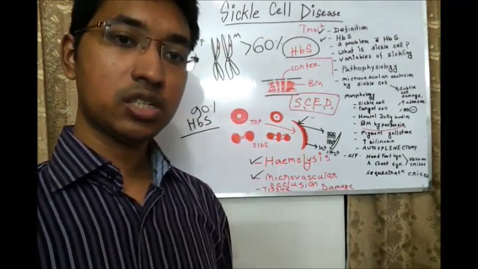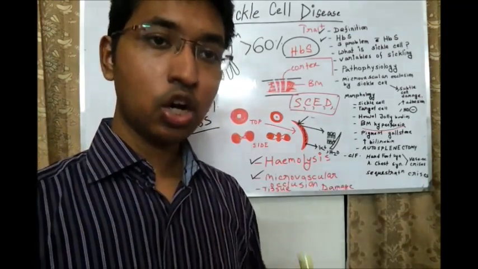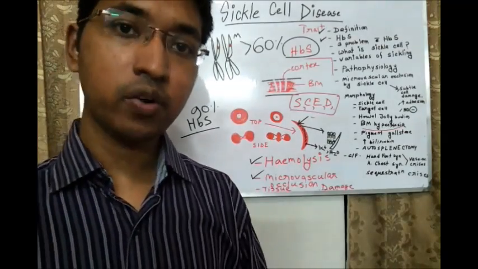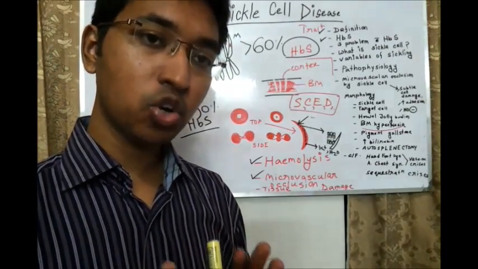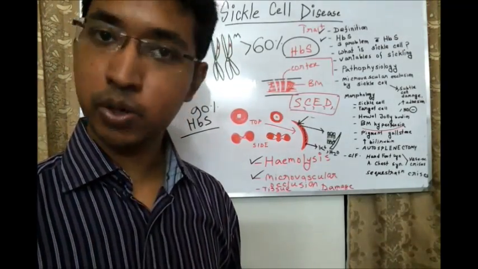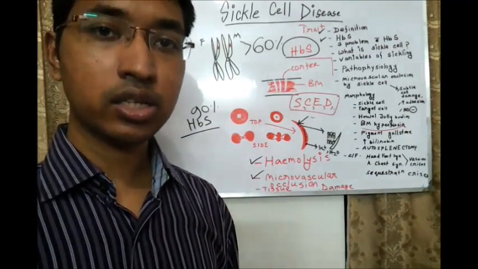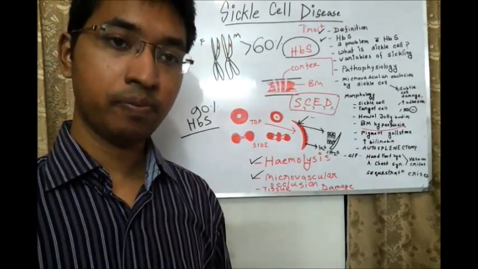One factor I have already discussed is the interaction of hemoglobin S with other hemoglobins of the red blood cell. If there is hemoglobin S less than 60%, that cell will not get sickled even when deoxygenated.